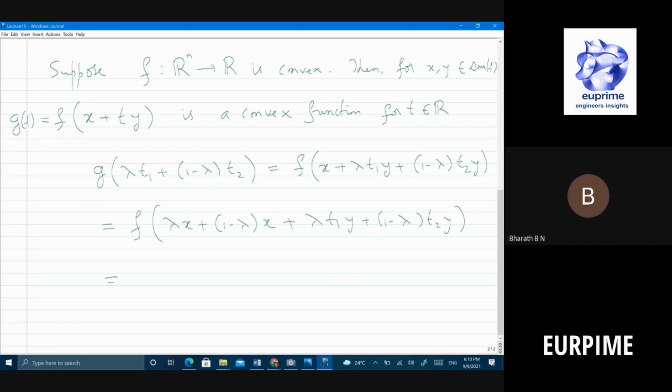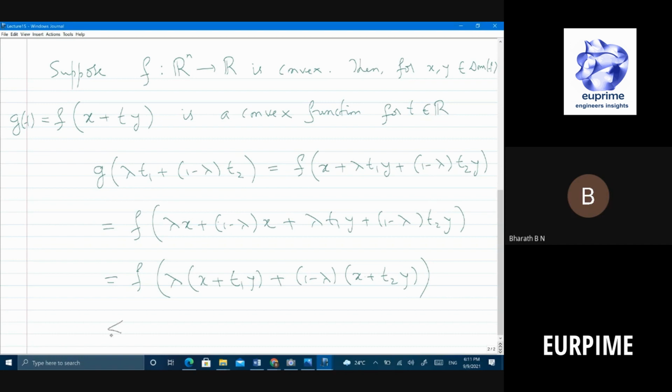Now I collect all those with lambda: lambda times x plus t1y plus 1 minus lambda times x plus t2y. Obviously x plus t1y belongs to the domain of the function, x plus t2y also belongs to the domain, and since it's a convex combination, it should belong to the domain.